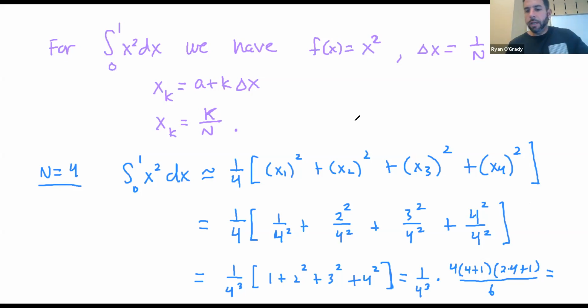You could go to a calculator if you want, but you end up getting 5 upstairs times 9, which is 45, 45 over 6, and then that's times 1 over 16, if you cancel the 4s.